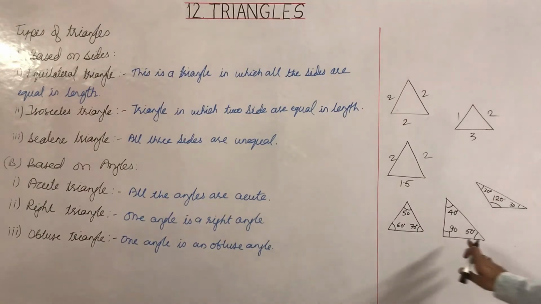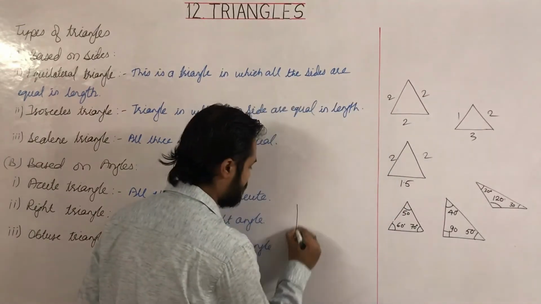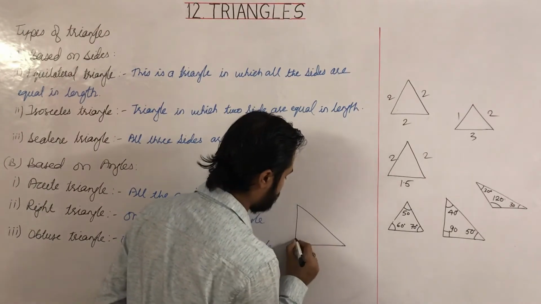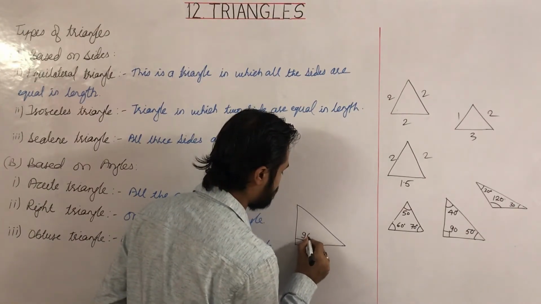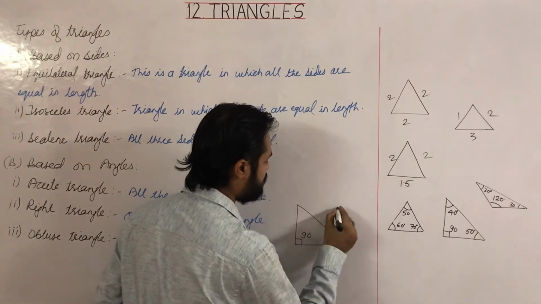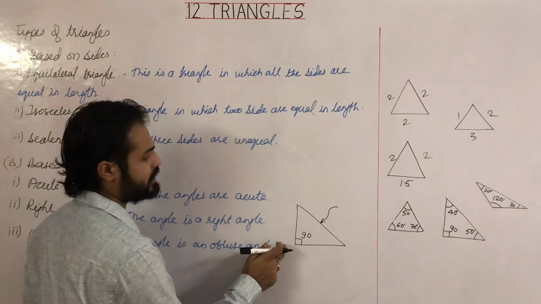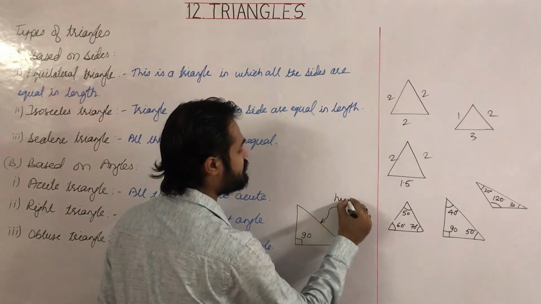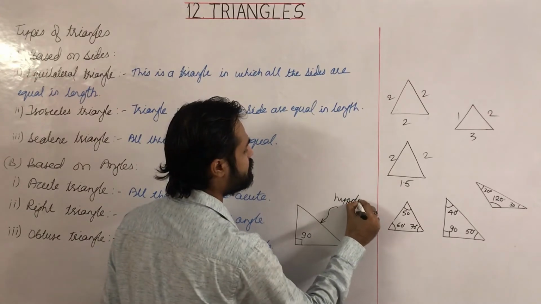Now in case of right angle triangle or right triangle, if this angle is 90, then the side opposite to 90 is known as hypotenuse.